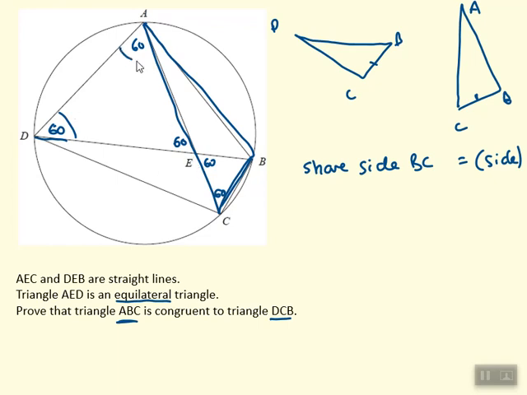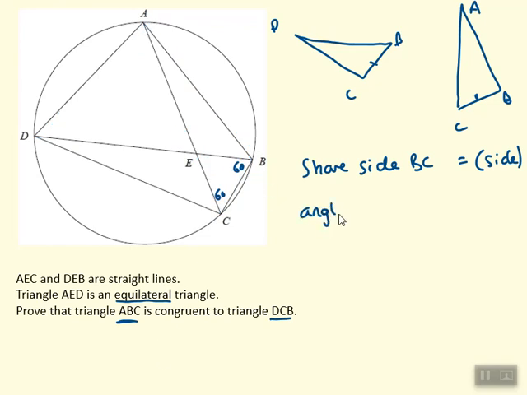And actually we can use it again to say that these two are 60 as well. So we can say that angle ECB equals 60 degrees, as well as CBD also 60 degrees, because angles in the same segment are equal.